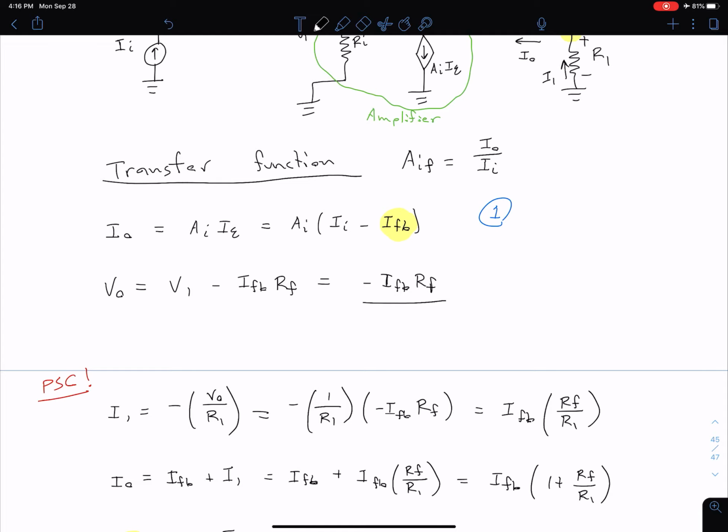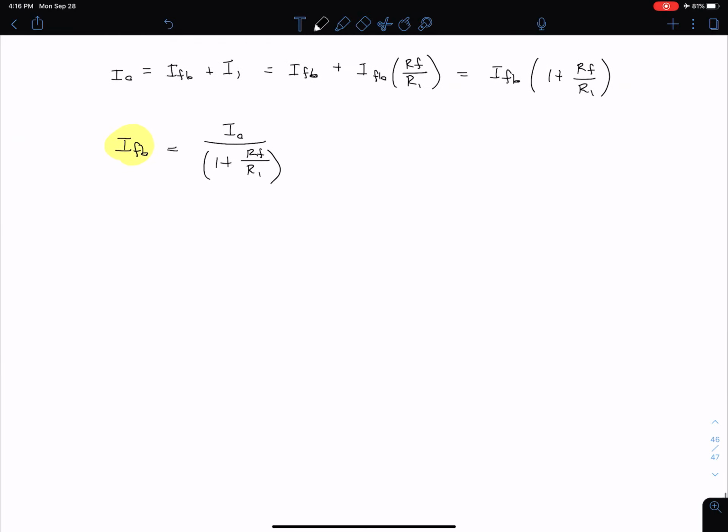Okay, so making that substitution then, what we're going to have is our output current is equal to A sub I times our input current, and then we substitute for our feedback current and we have I naught times 1 divided by 1 plus RF over R1.